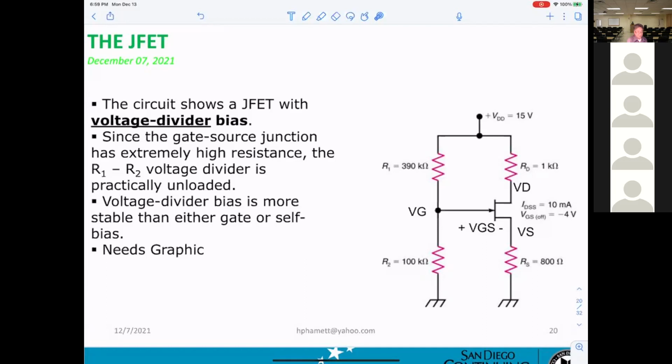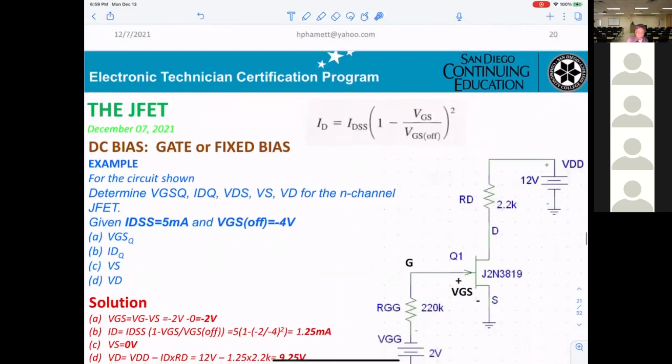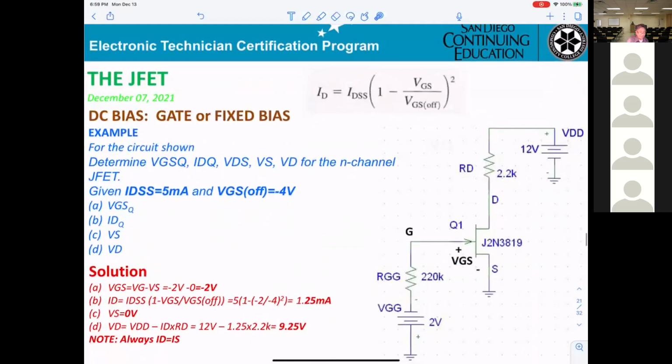So only three biases are really needed, and the next one we don't need. Basically, they call this current bias.